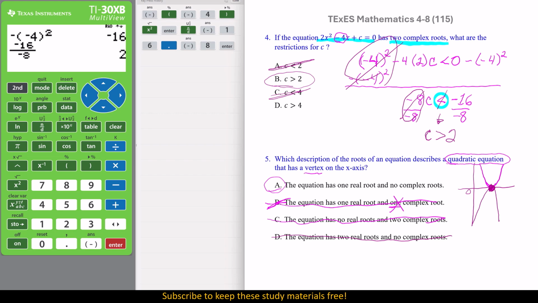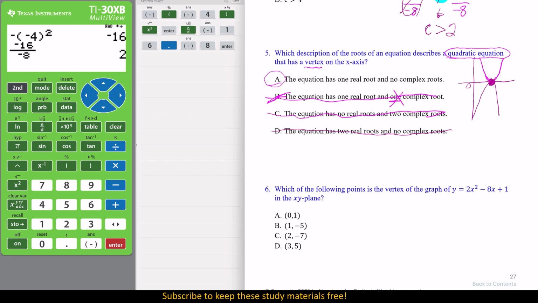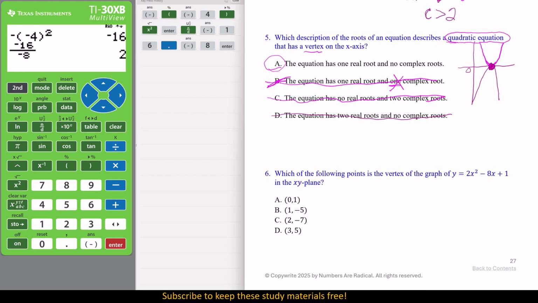Okay. And let's go up to number 6. Which of the following points is the vertex of the graph of y equals 2x squared minus 8x plus 1 in the xy plane? This is a situation where we pop in the calculator and we just look at it. We literally pop in using ask each of our x values there.